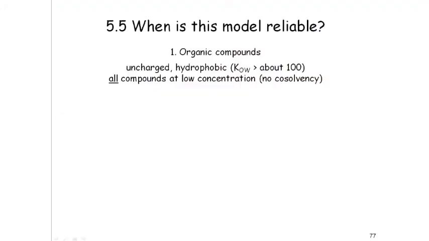So when is this model reliable? We're really assuming that the organics are attracted to the organic matter in the soil. That works well for hydrophobic organics because by nature they are attracted to organic matter. Like phases enjoy like phases. So the chemicals that this really applies best to are uncharged, so there's no ionic adsorption, and hydrophobic. One way to define hydrophobicity is through the KOW value, and I would say a KOW value above 100 is hydrophobic.